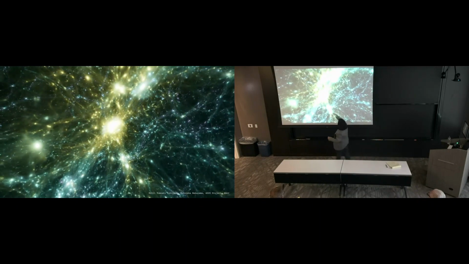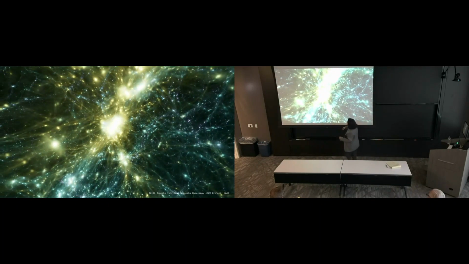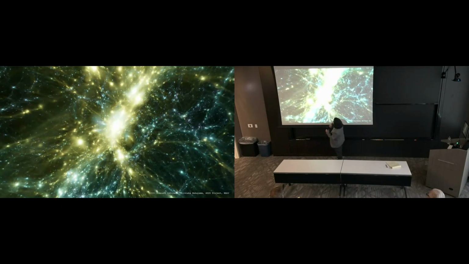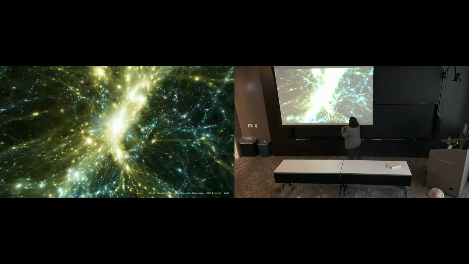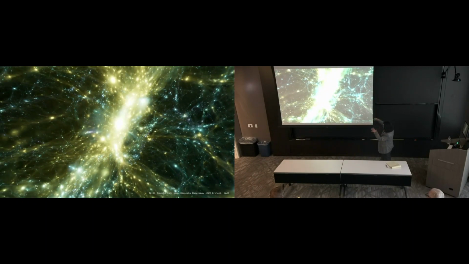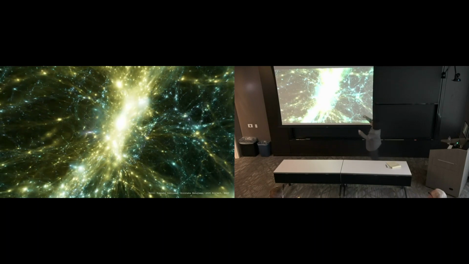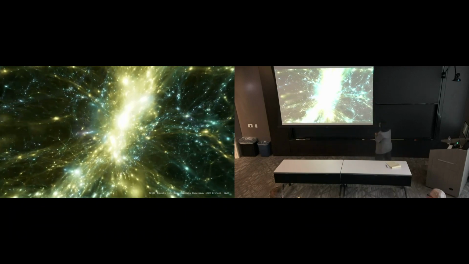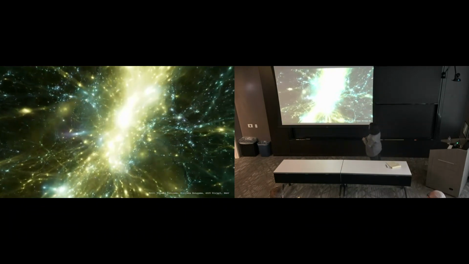The color is just how dense these regions are, and they're color coding where you expect. The simulation, I think, only includes dark matter, but it is the case that you generally expect galaxies to form at these regions that first have been made very dense by dark matter. So that's some of this coloration you were seeing.